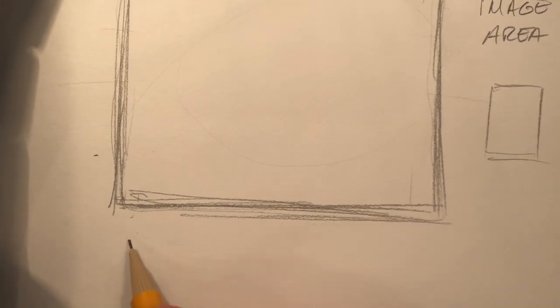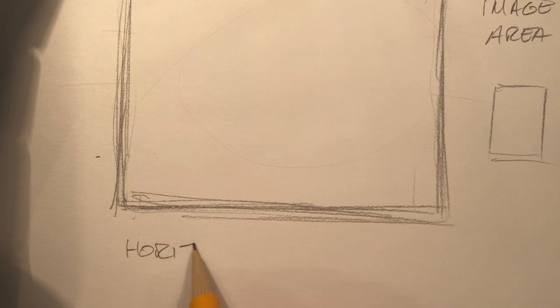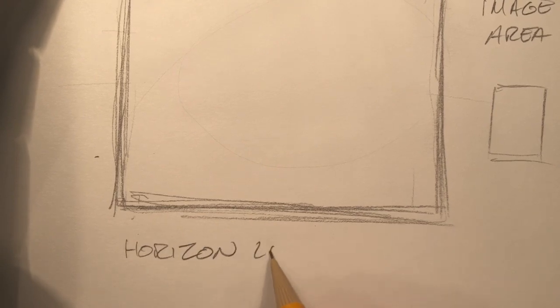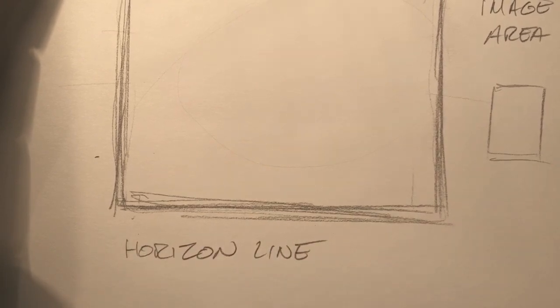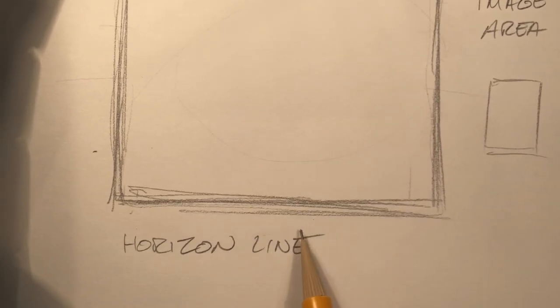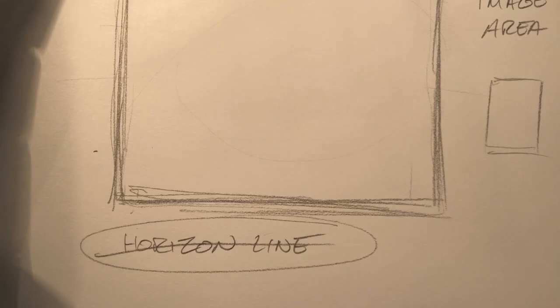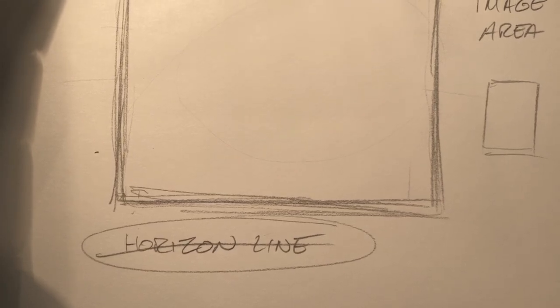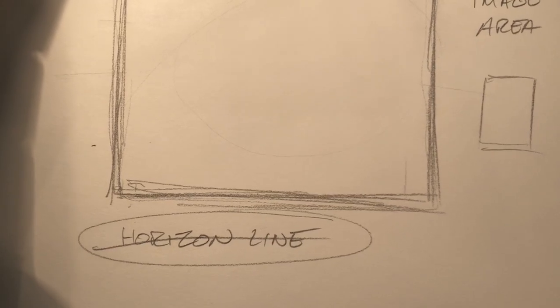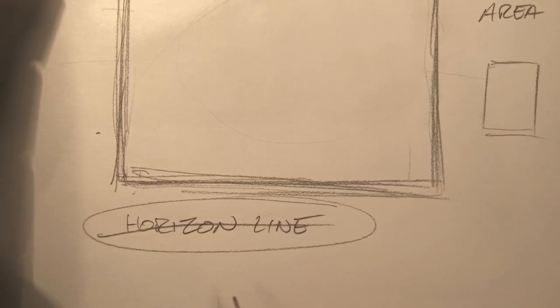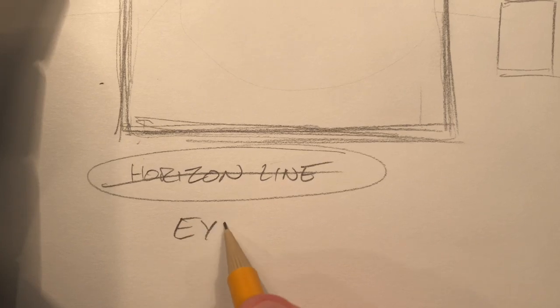The very first decision that comes into play is where to put that classic thing that you hear a lot about, the horizon line. Where do we place the horizon line? Let me just say, the term horizon line is actually a misnomer. It's not really accurate. What people really mean when they say horizon line is eye level.